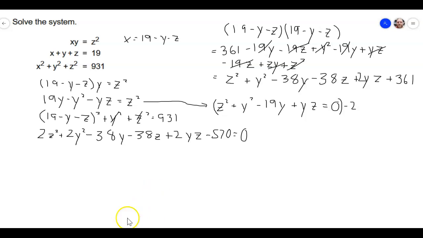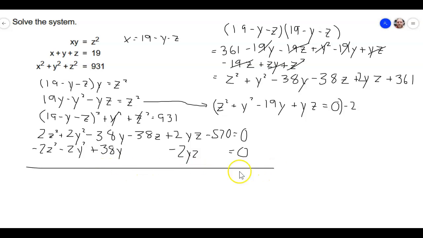All right, so what I'm going to have then is a negative 2z squared from this equation here, minus 2y squared, plus 38y, minus 2yz, and that equals 0.